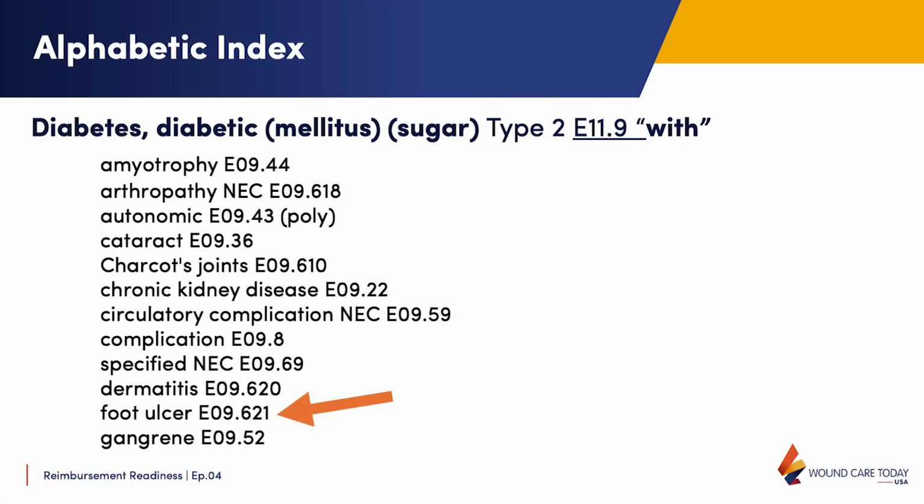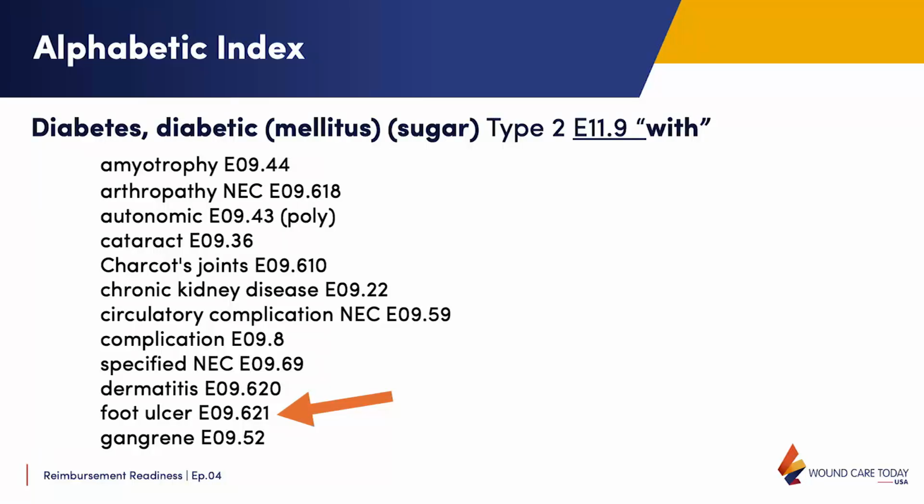So when you begin to look these codes up, you're going to first turn to your alphabetic index. And the main term that we're going to look up at this point is diabetes. And you can see that there are some descriptors that are in parentheses next to the term diabetes in the alphabetic index. And it'll say type 2, type 1, there's other forms of diabetes and so forth.